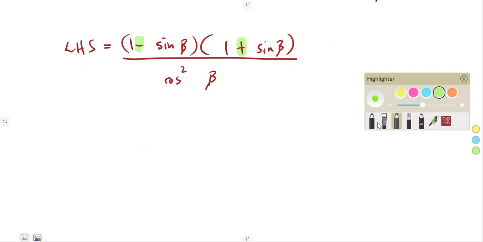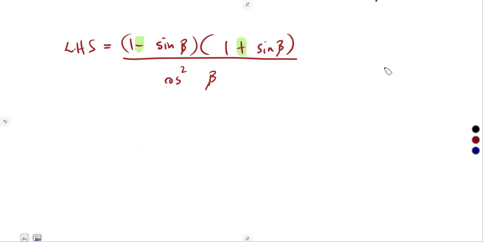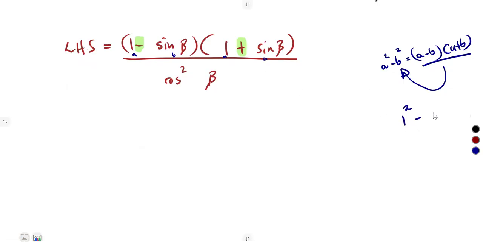Remember the concept. From our difference of two squares, a squared minus b squared was taken from a minus b into a plus b. So I can rewrite in this manner. This is your A, this is your B, this is your A, this is your B. So A squared minus B squared is going to be 1 squared minus sine beta squared.